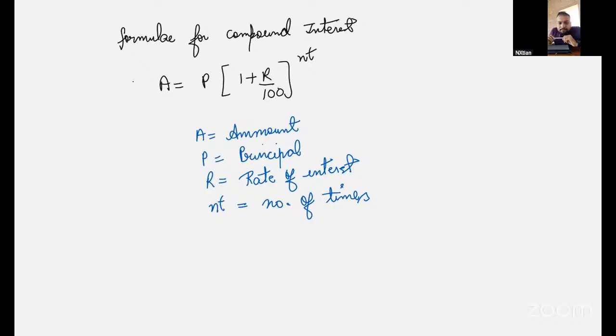Miracle, tell me. Think. Total time period is 6 months, and it is compounded quarterly. What is the meaning of compounded quarterly?